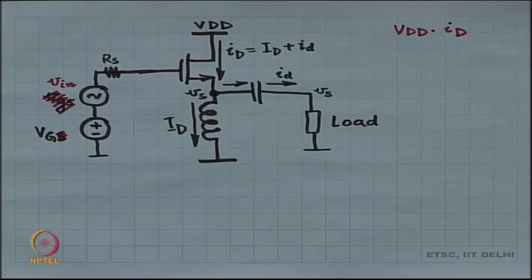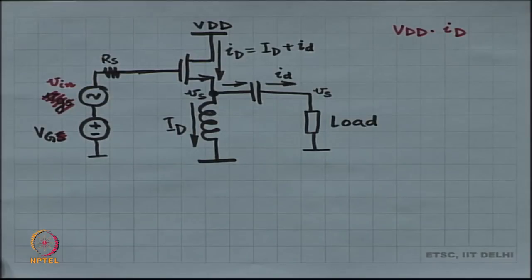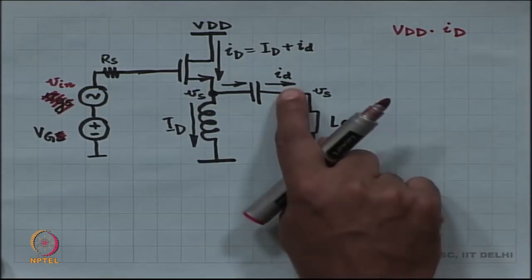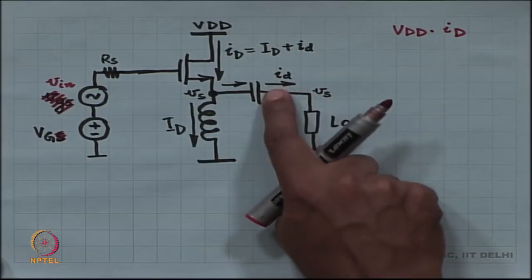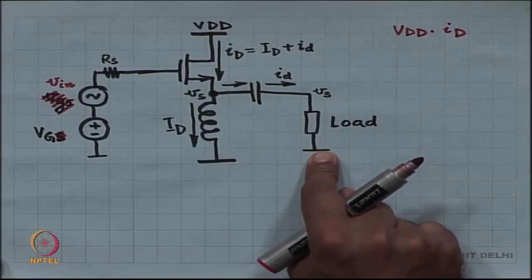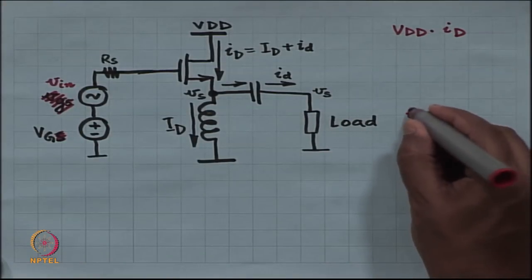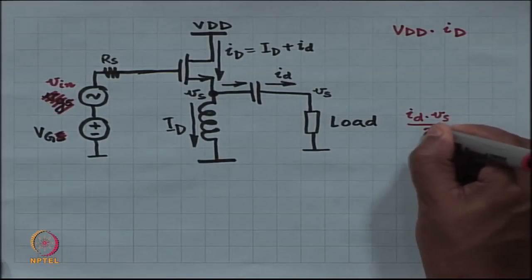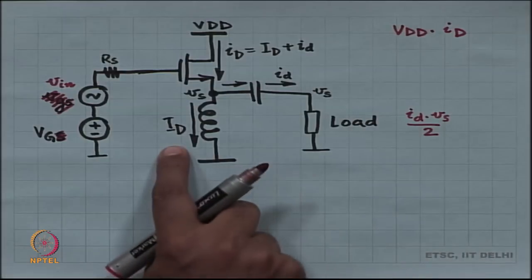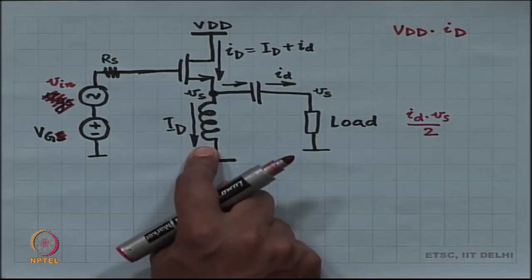All right. What is power delivered to the load? If you assume sine waves, then the power delivered to the load is small i d times small v s divided by 2. And then what is the power consumed by the inductor?